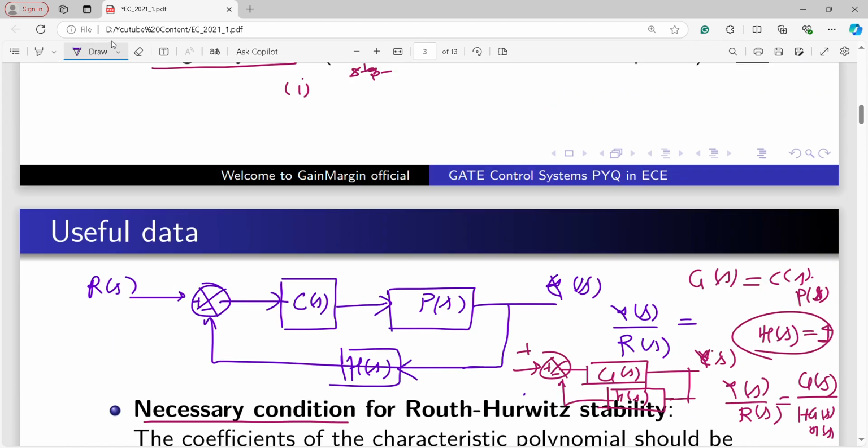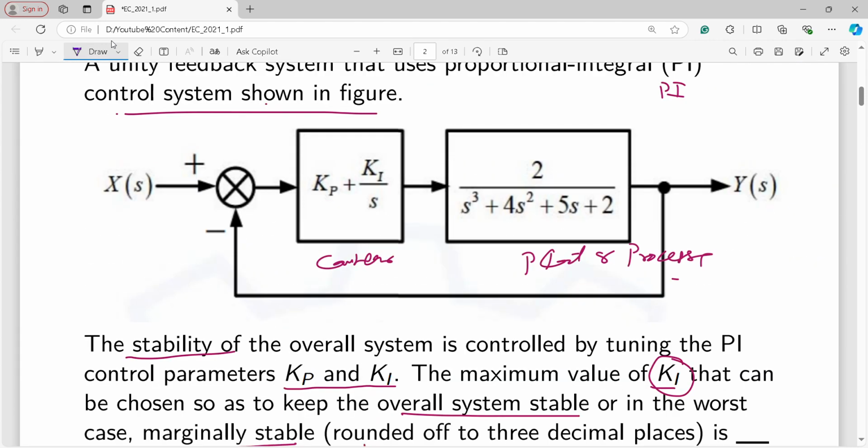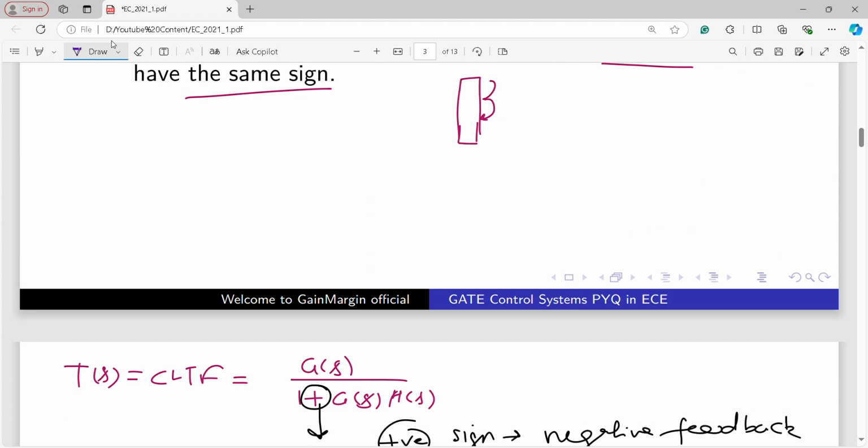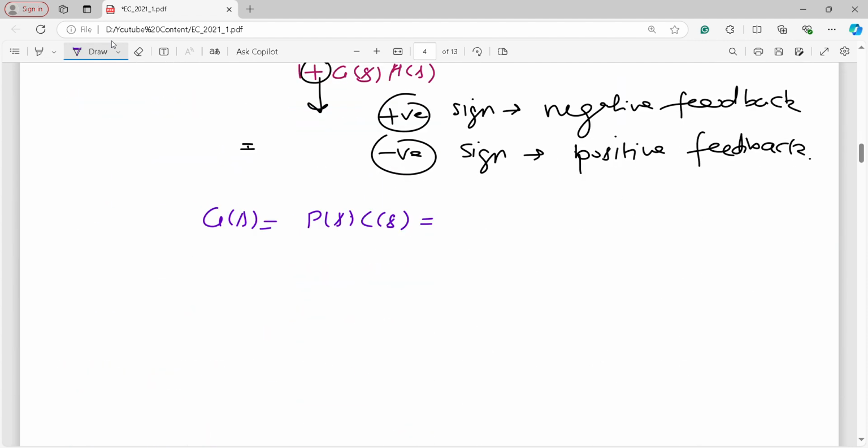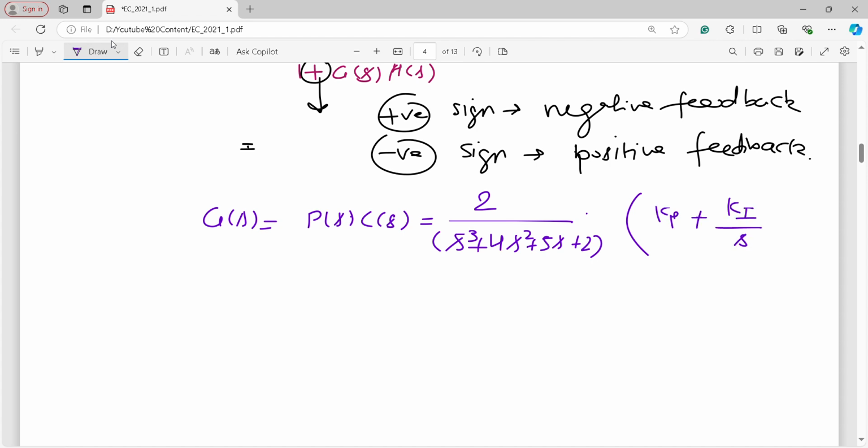Plant transfer function 2 by s cube plus 4s square plus 5s plus 2, into our controller. Controller will be Kp plus Ki by s.